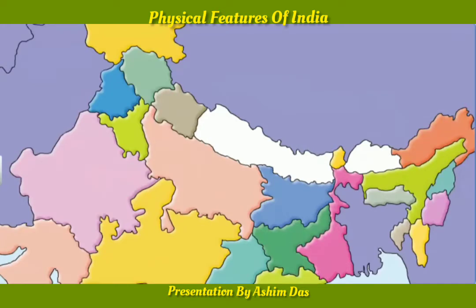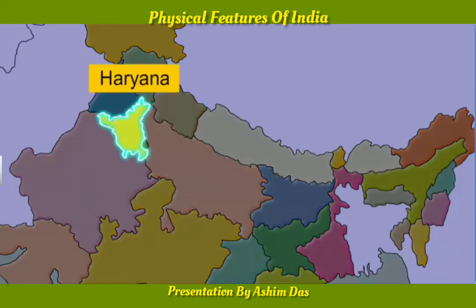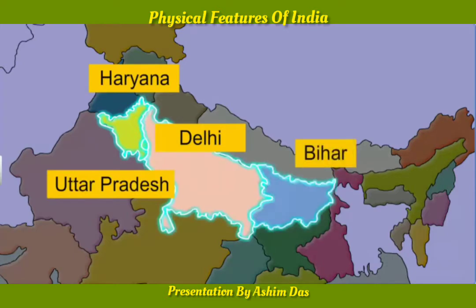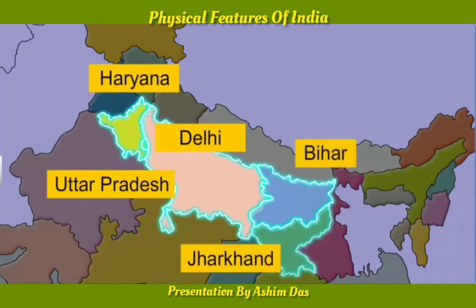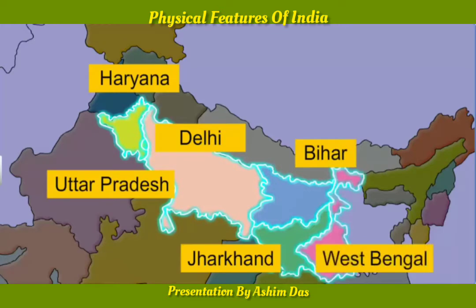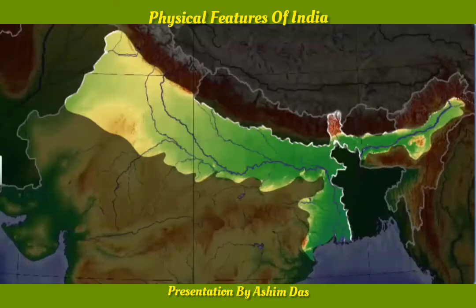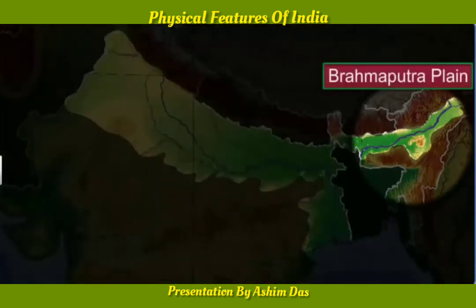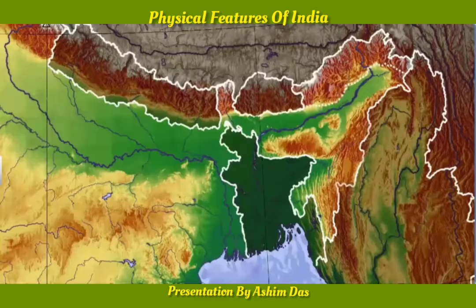It covers Haryana, Delhi, Uttar Pradesh, Bihar, and parts of Jharkhand and West Bengal. Finally, the eastern portion of the northern plain is called the Brahmaputra plain. This plain lies in the state of Assam.